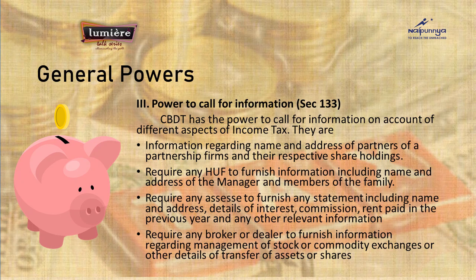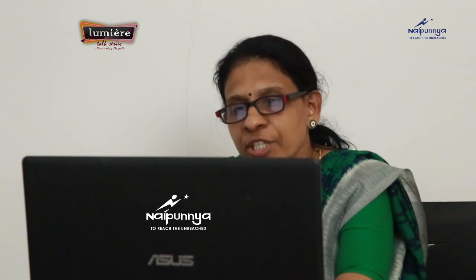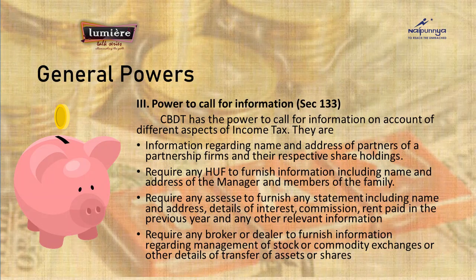And even the authority can require any assessee to furnish any statement including name and address, details of interest, commission or rent paid in the previous year, and any other relevant information. And even the authority can ask a broker or a stock dealer to furnish information regarding the management of stock or commodity exchanges or any other details of transfer of asset or shares.